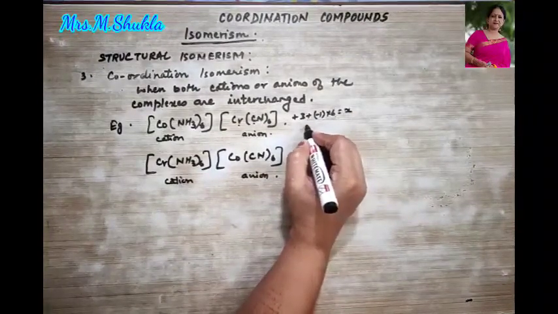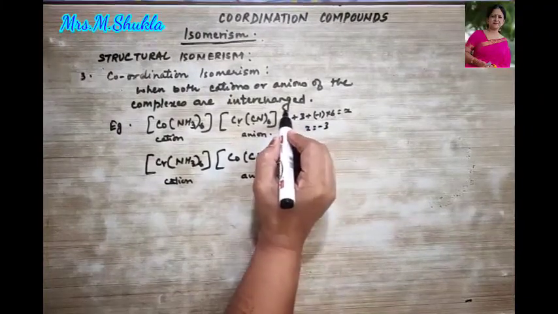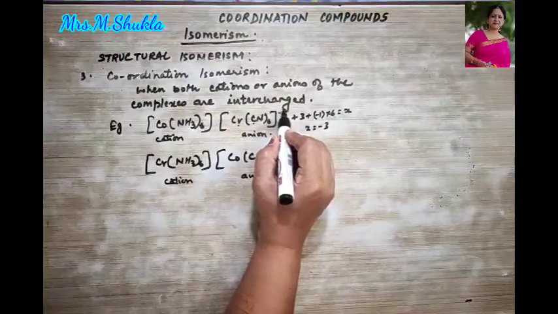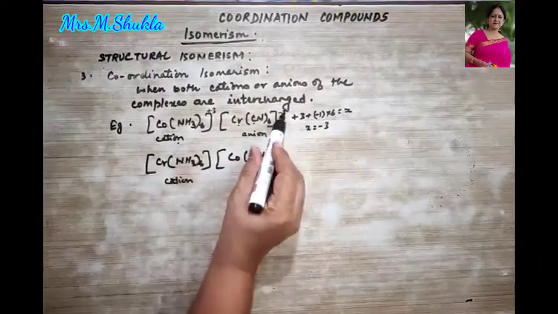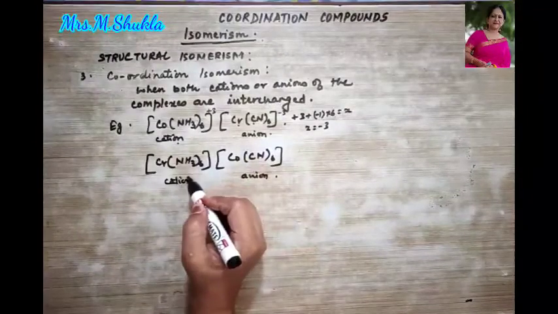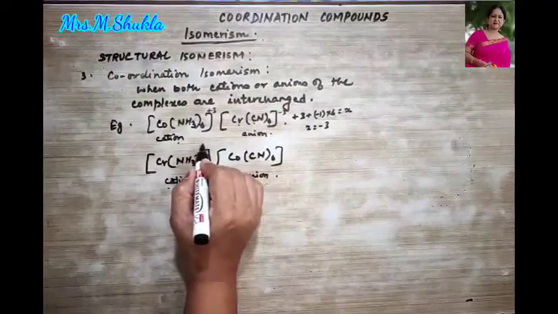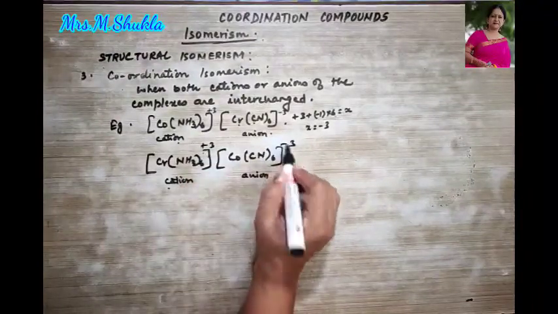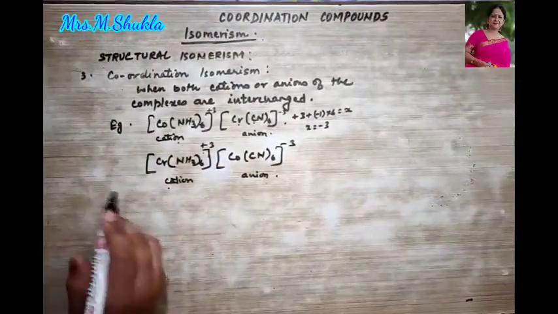Okay, so x will be equal to how much? Minus 3. So this is minus 3, and this has plus 3. So plus is a cation and minus is an anion. Over here also find out it is a cation and an anion. You will find that this is plus 3, this is minus 3. We can say that this is anion and this is a cation.